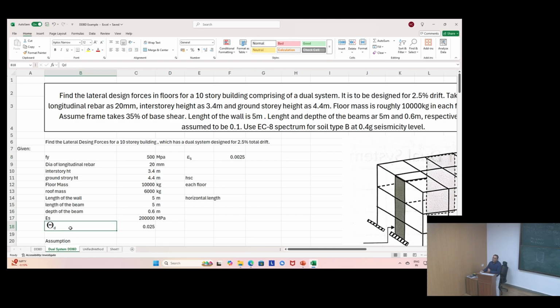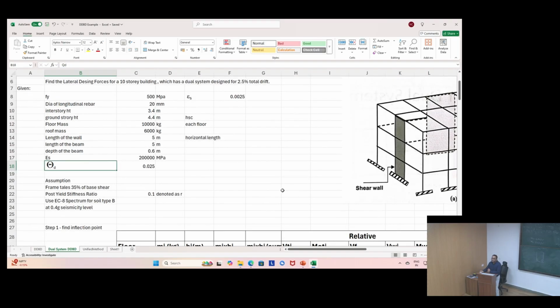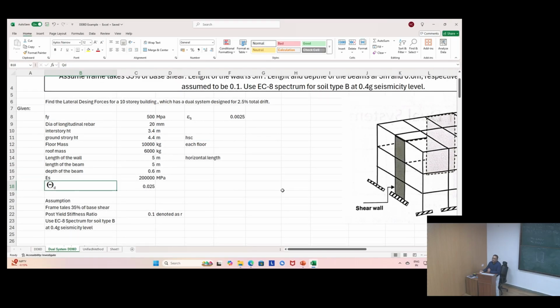Our design drift, theta d, is 0.025. That's what we are designing for. What are some of the assumptions? One of the assumptions given in our problem statement is that the frame takes 35% of the base shear, so the rest of it goes into the wall system. Our R, which is the post-yield stiffness ratio, is 0.1.